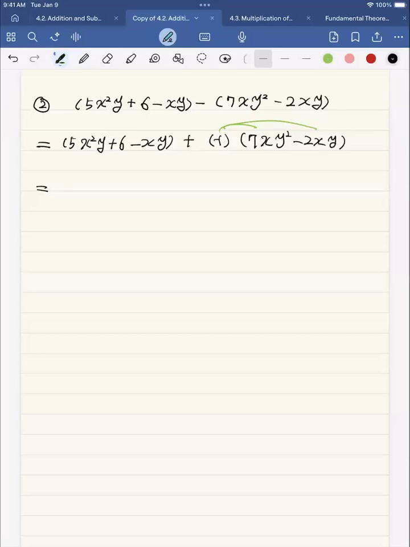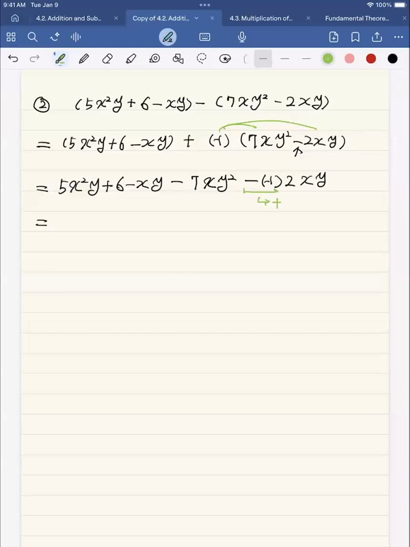Let's rewrite it. 5x squared y plus 6 minus xy minus 7xy squared minus from here, and then minus is multiplied to xy. When we combine these two, this one will be plus.